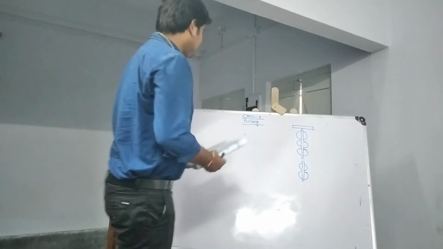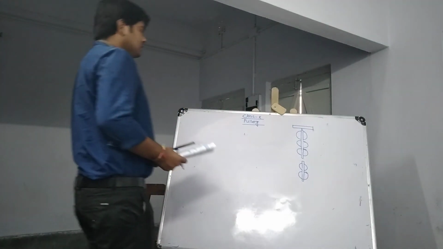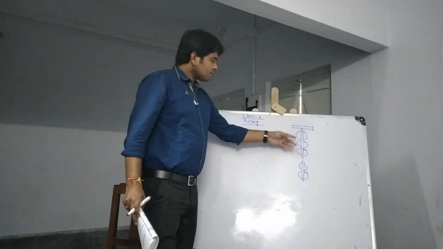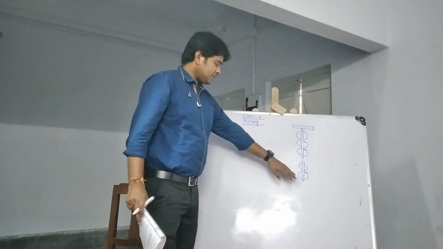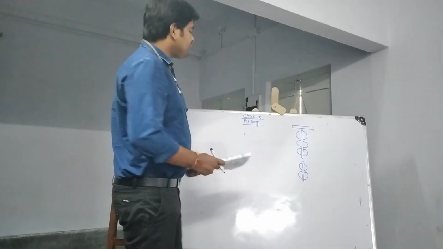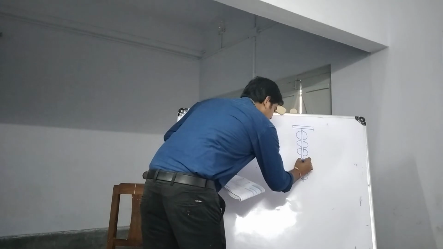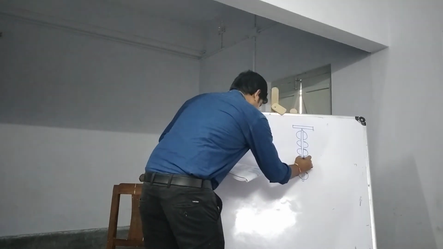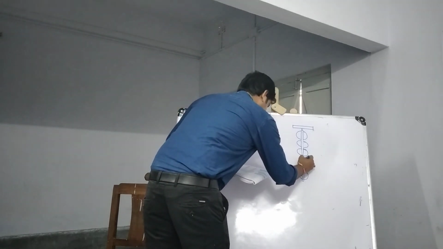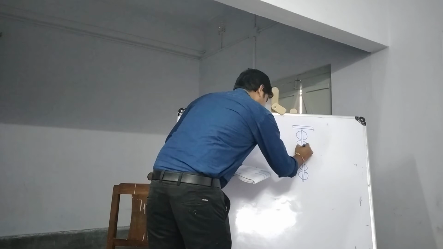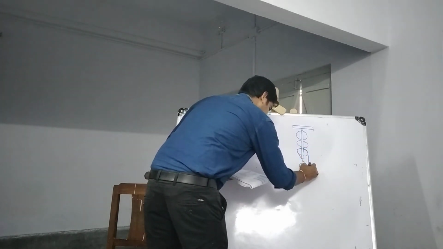Okay, in this system, if the number of pulleys in the upper part is more than in the lower part, then one end of the string will be connected here. At first we have to connect here. If it is connected to this lower block, then the string will be passed around, looking like this.